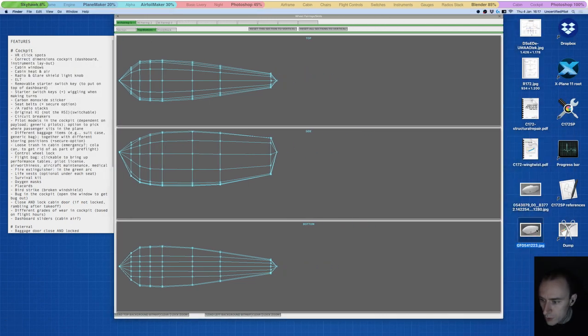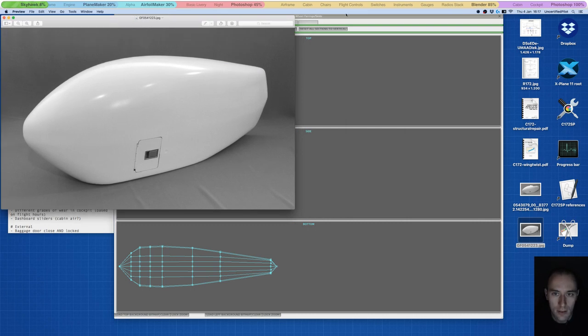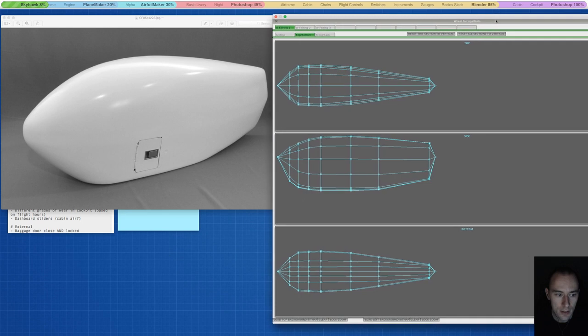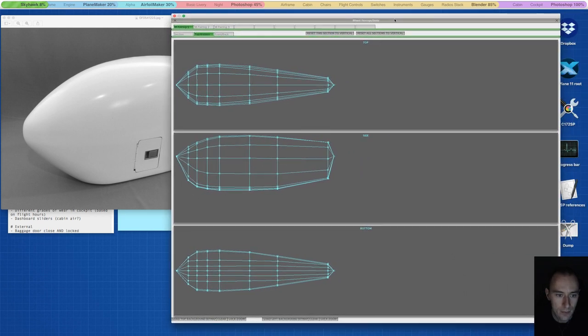Although we need to make sure, it's kind of like the general shape. It's the same thing here. And again, you can see it's quite a... It should not be that pointy.